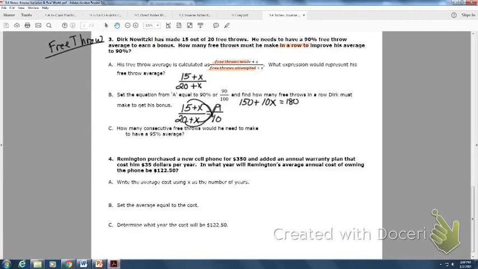And I've got 9 times x, which is 9x. Okay, so then I would just solve. So I could subtract 9x. To get x, I could subtract 150 from 180 to get 30. And so he would need to make 30 consecutive free throws in order to get to that.